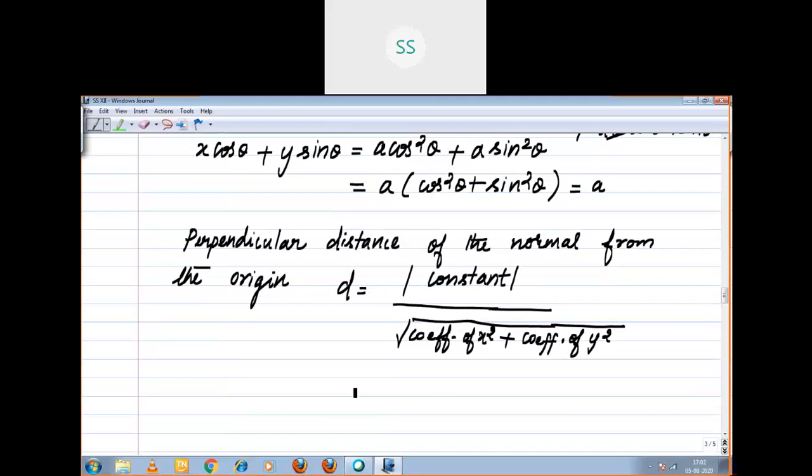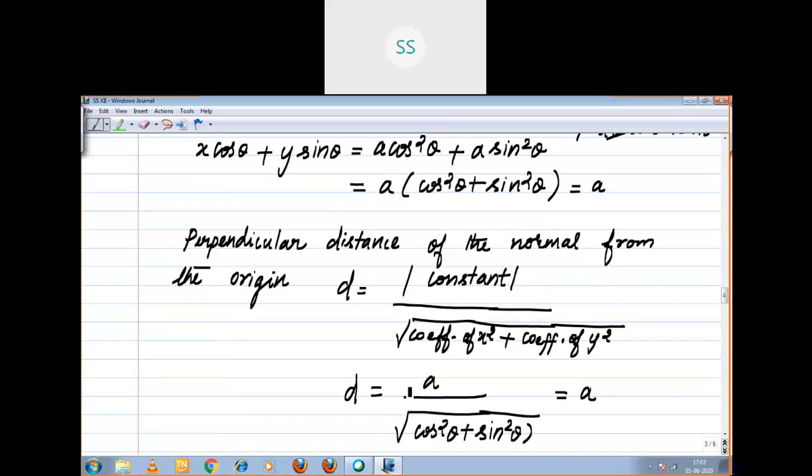Now d is equal to, what is the constant? a divided by root of cos square theta plus sin square theta. You know cos square theta plus sin square theta equals 1. So what do you arrive at in the end, children?